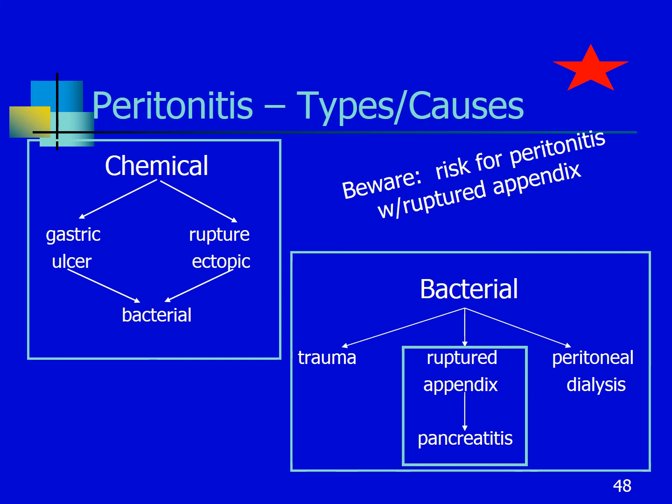You can have someone on peritoneal dialysis, right? All that can cause peritonitis. So this is why when somebody complains of right lower quadrant pain, we are worried about an inflamed appendix, because the only cure for an inflamed appendix is surgical removal. If we do not remove it, then it's going to rupture. And when it ruptures, it causes peritonitis. All right?